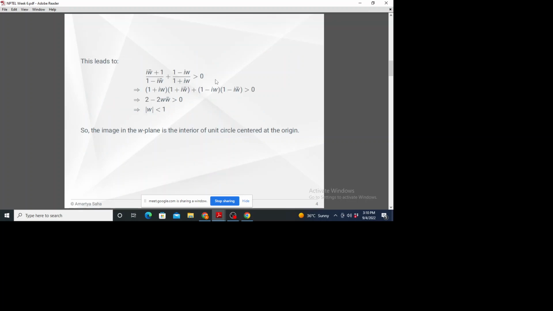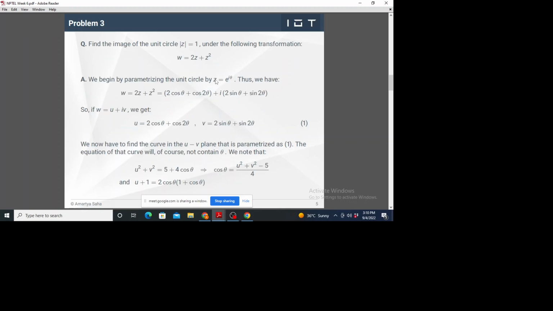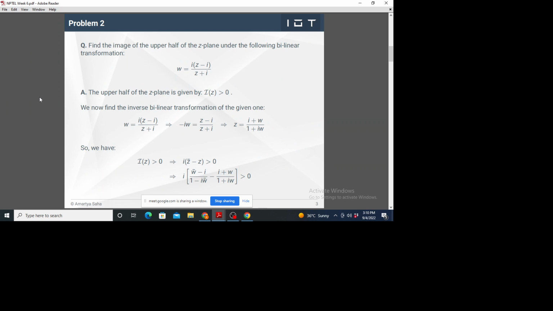Now a little different problem. The problem statement is the same, but the approach will be a little different, because this kind of direct approach cannot be taken all the time. These kinds of approaches are more suitable for tackling only the bilinear transformation.